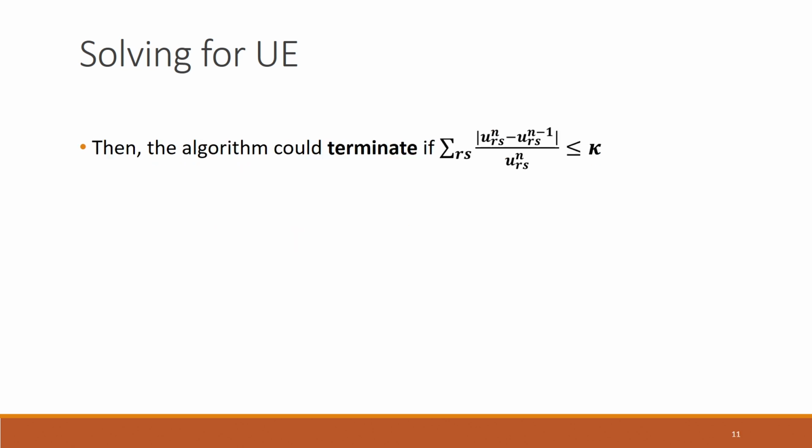So we can decide to terminate this algorithm if, for example, the modulus of URSN minus URSN minus 1, divided by URSN, summed over all the OD pairs, is less than or equal to some kappa. This tells us that when the relative difference of the minimum path travel time across all the OD pairs becomes less than some predefined value kappa, then you can decide to stop.